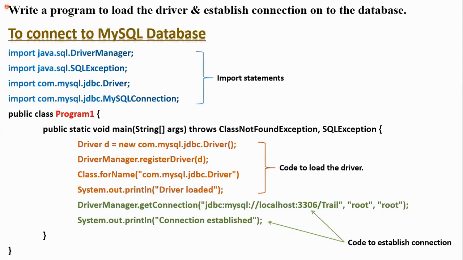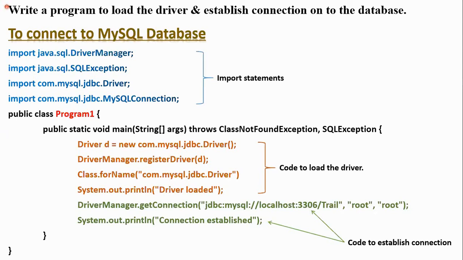Class.forName. Guys, if you have not attended my class, it will be difficult. I have clearly told in the initial stage itself, Class.forName is another way to load the driver. That is one more way to load the driver.